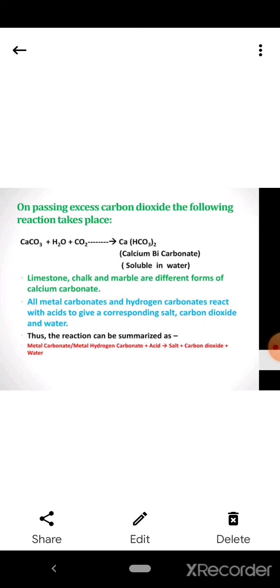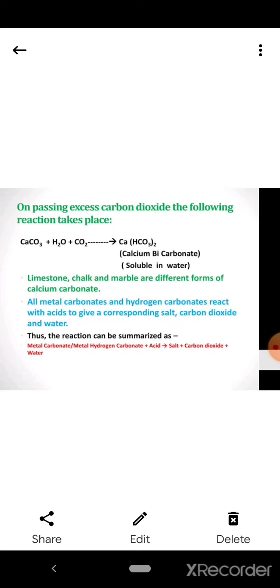We call it a salt soluble in water. Okay, here you can consider CaCO3, limestone, chalk, marble, etc., different forms of calcium carbonate. Any of it you can consider. All metal carbonates and hydrogen carbonates react with acid to give a corresponding salt, carbon dioxide and water.